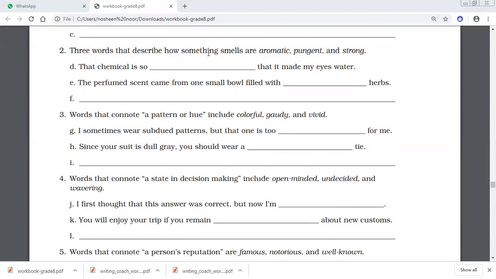Now let me explain each one. Open-minded, undecided, and wavering. Okay. Now, an open-minded person is a person who is unbiased, who accepts or understands things impartially.